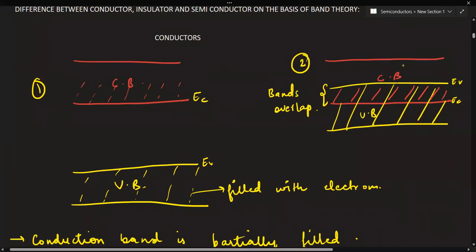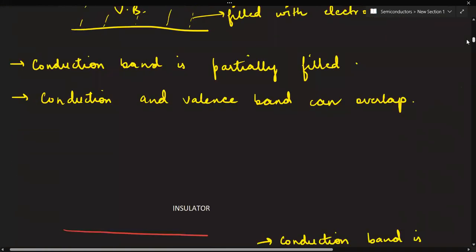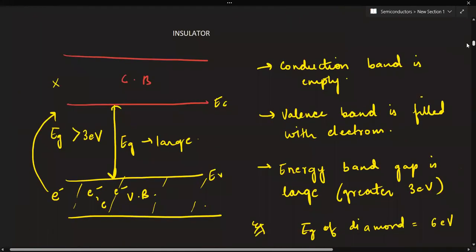Either the conduction band and valence band both can overlap or both can be at a certain distance separated, but the conduction band would have partly filled electrons, or it can be empty. But in case of valence band, it has to have filled electrons only. So conduction band is partially filled, whereas valence band and conduction band may overlap each other.